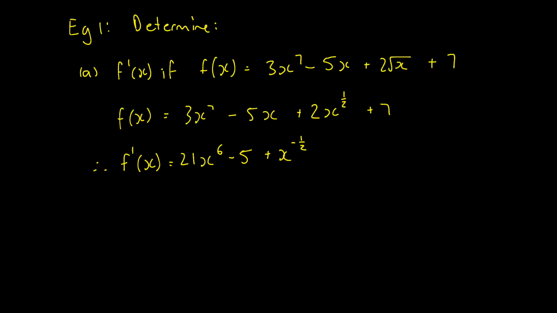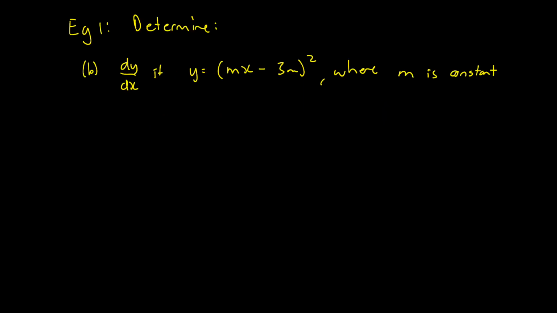Okay, sometimes I do ask you to leave your answers with positive exponents, so we would need to rewrite this as 21x to the 6 minus 5 plus 1 over x to the half. It's not necessary to put that x to the half back in surd form. You can leave your answer as that.